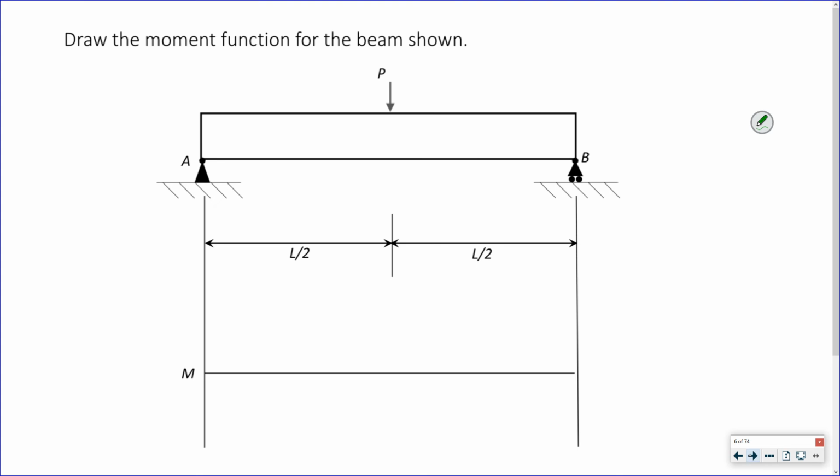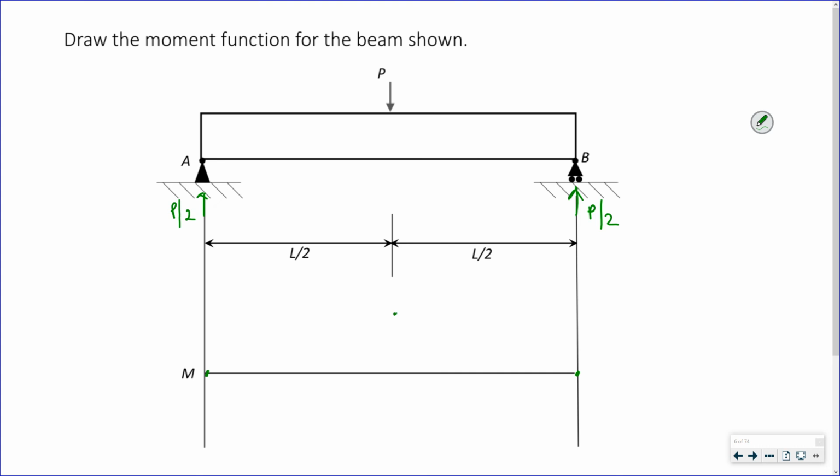It's really easy, right? If you have a load P on a simply supported beam, the reactions are P over 2 and P over 2. It's all symmetric. You should have 0 moment at the ends.